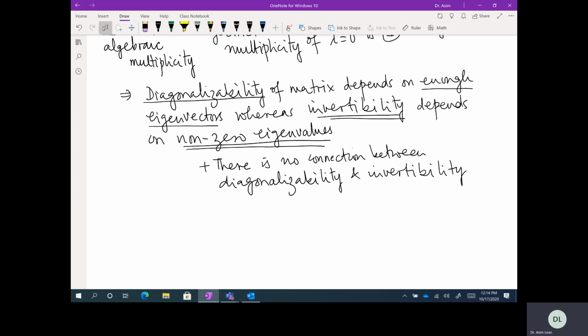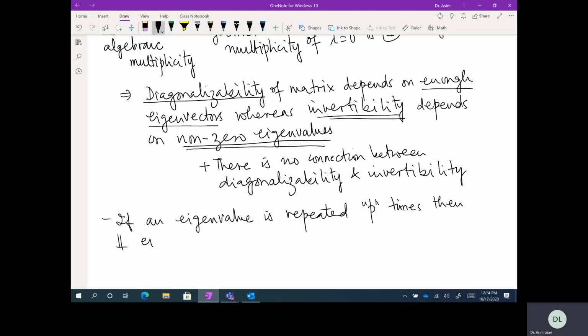Okay, so if an eigenvalue is repeated p times, then p independent eigenvectors will exist if the rank of A minus lambda I equals n minus p.